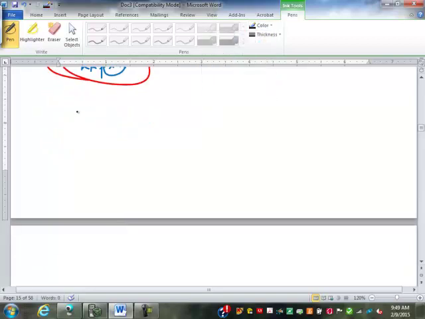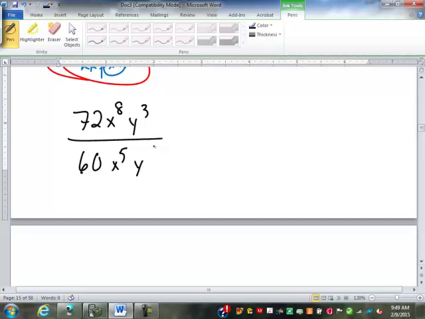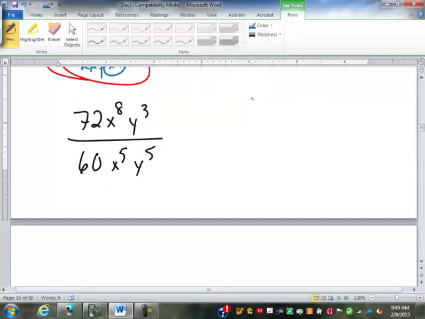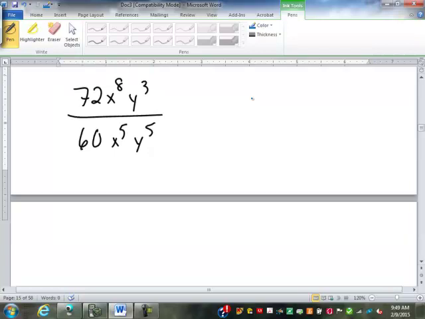What do I want to do here? Something like this. Now I'm going to work with the numbers separately. So I have the 72 over 60.